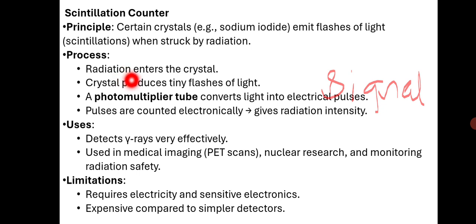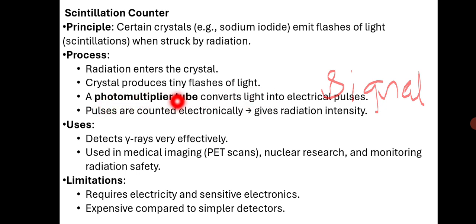So they may ask you to describe how a scintillation counter works. Radiation enters the crystal, the material known as the scintillating material, an example is sodium iodide. Then the crystal begins to produce flashes of light.